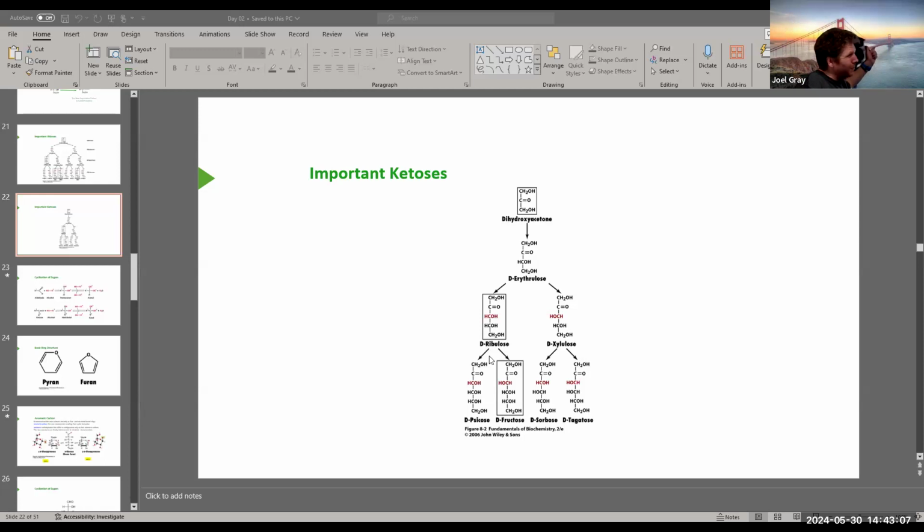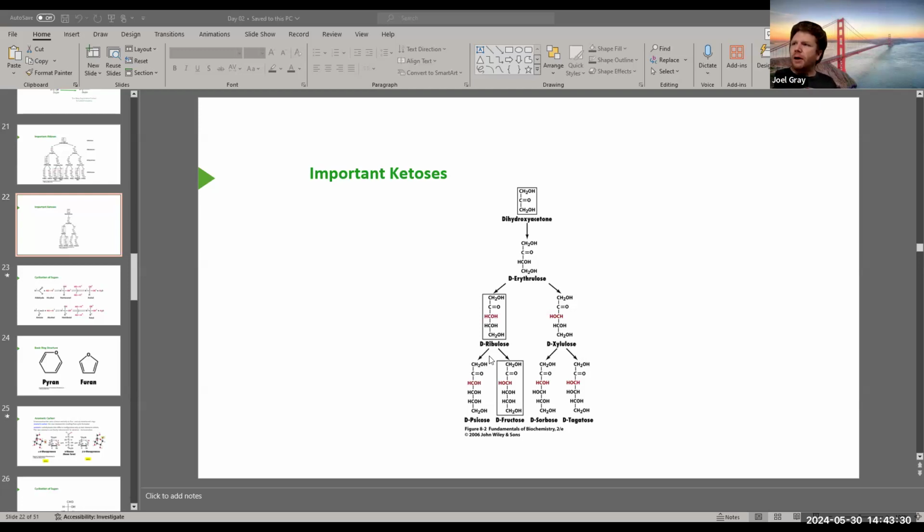It had an aldehyde, so it's an aldohexose. When we cyclized it, we formed an anomeric carbon. Now, do we see anything about that anomeric carbon that's significant? We do. The hydroxide group on our anomeric carbon is pointing downward. So this is an alpha D glucose that we're looking at right here.